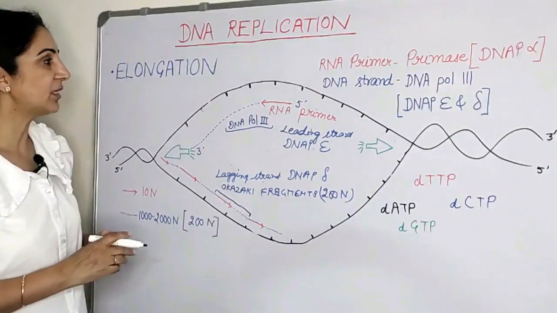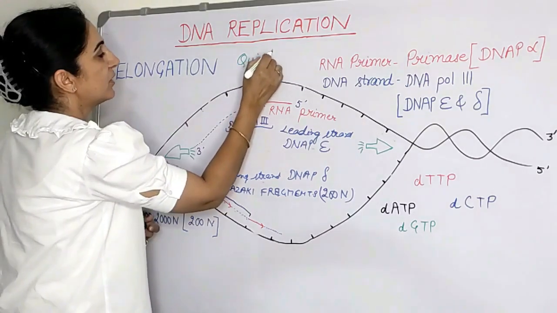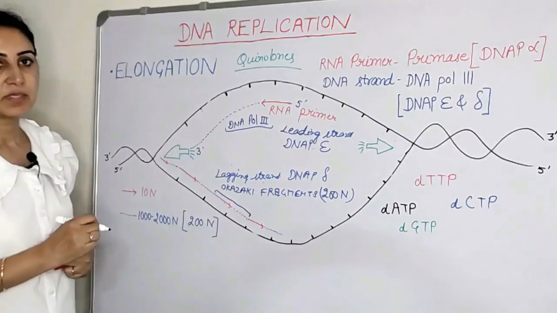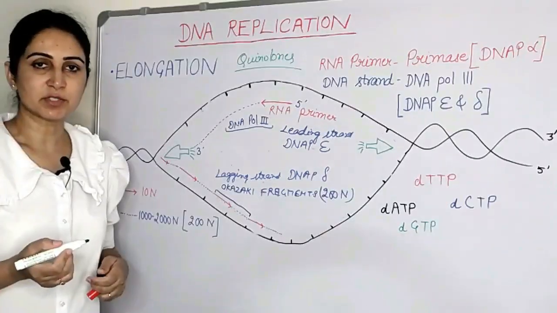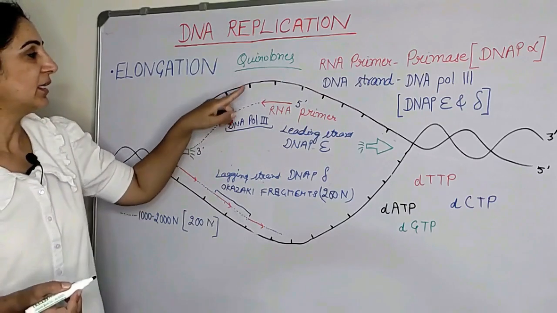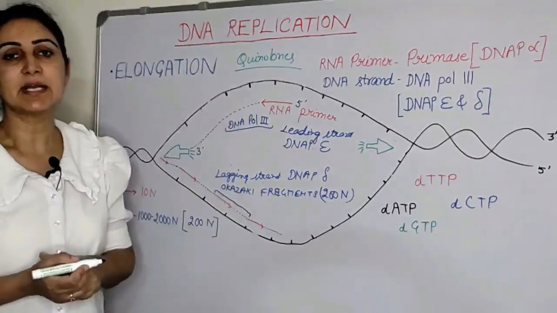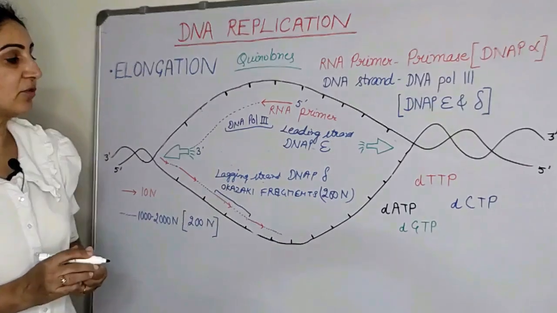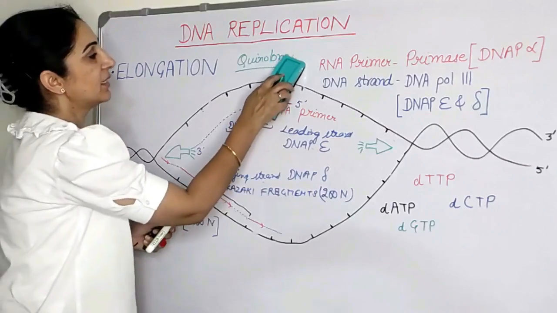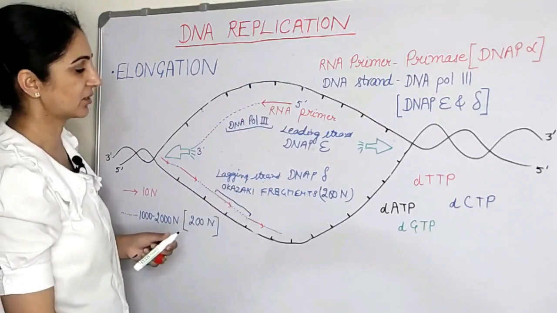Now there are many drugs called quinolones which act on the enzyme DNA gyrase. Ciprofloxacin, norfloxacin, so many floxacins known as the quinolones, incapacitate DNA gyrase. So the process of replication becomes difficult and the bacterial cell dies. This is how these quinolones act.